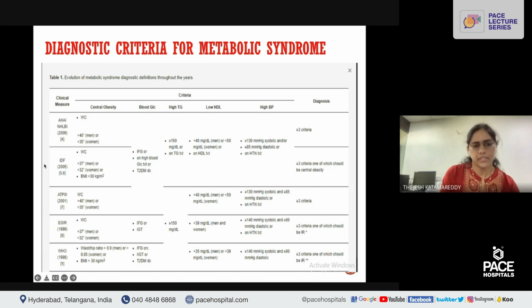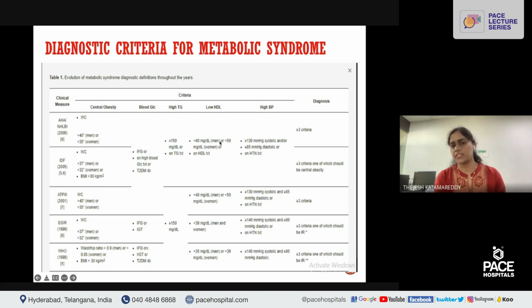And coming to the next, the International Federation for Diabetes, it includes all the 5 criteria, and more than 37 inches waist circumference in men and 32 in women, or the BMI can be more than 30. It also says hyperglycemia, including impaired fasting glucose, or the person can be a type 2 diabetes mellitus patient, and triglyceride should be more than 150, or the patient can be on treatment for hypertriglyceridemia.